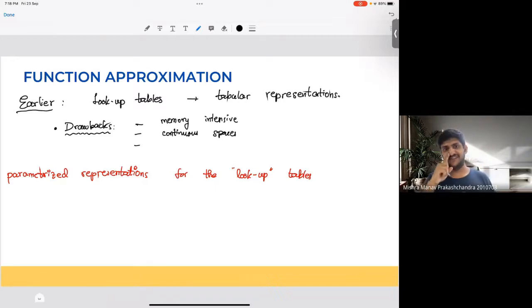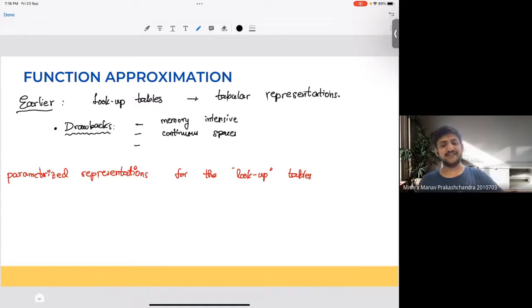And even more important is that if I have a million cross million matrix, I would like to visit each element in that matrix a sufficient number of times so that I can get a good enough estimate of what is happening, right? If I don't visit each state a sufficient number of times, then the estimation of the value function that I have would be faulty.